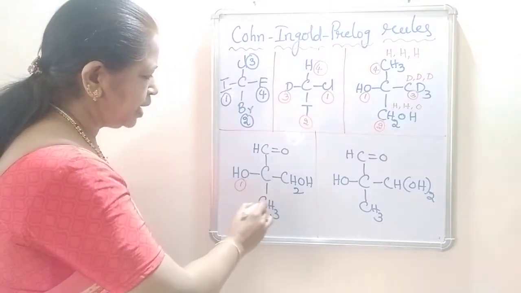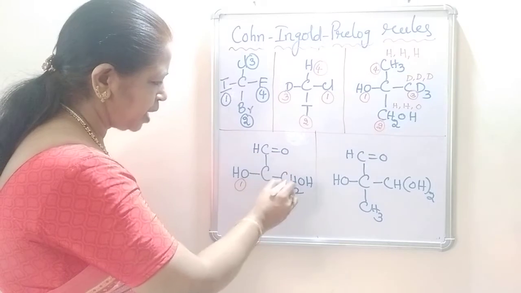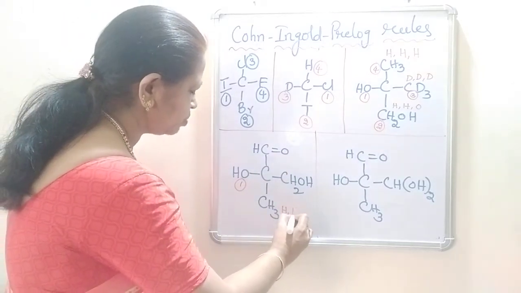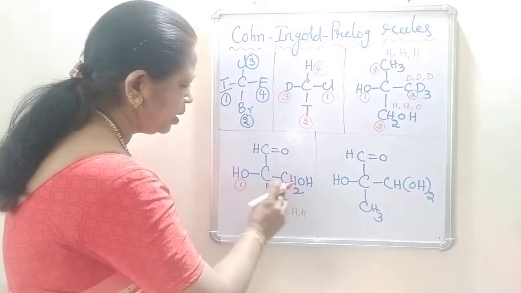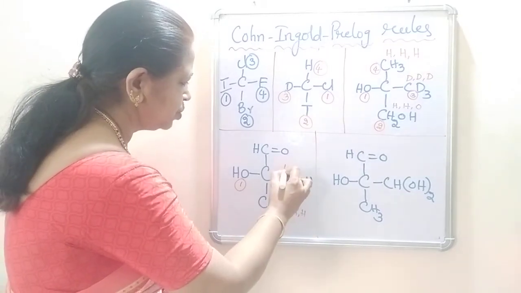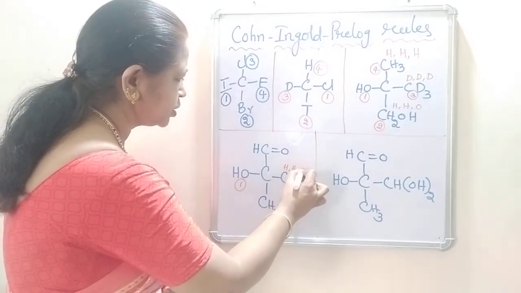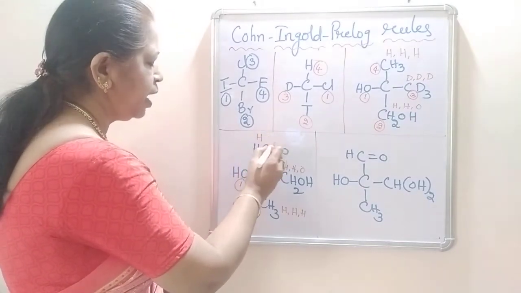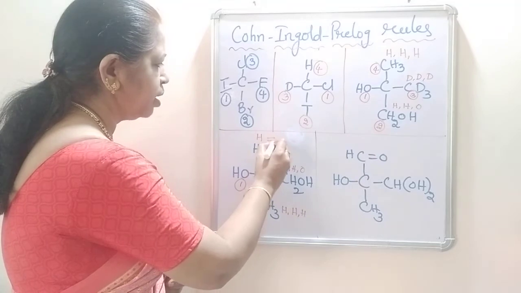If we consider the next atoms to which these carbon atoms are connected, here there are 3 hydrogen atoms. This carbon has 2 hydrogens and 1 oxygen, and this carbon has 1 hydrogen and a double bonded oxygen.